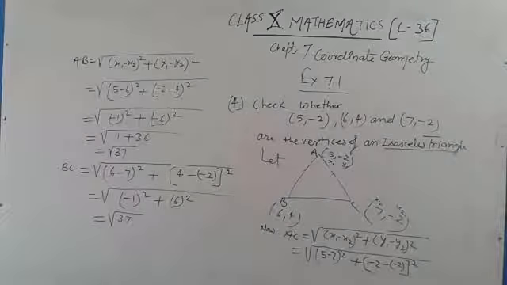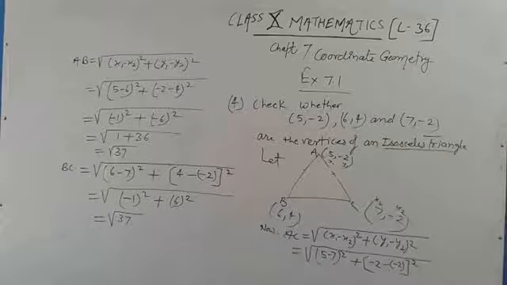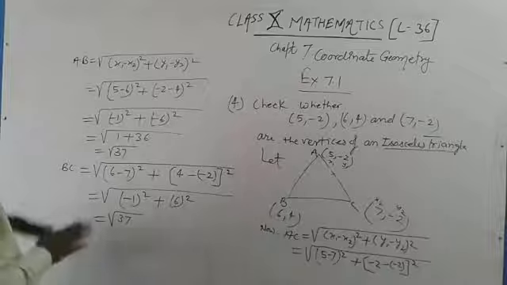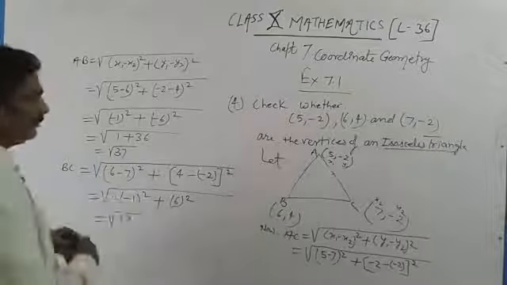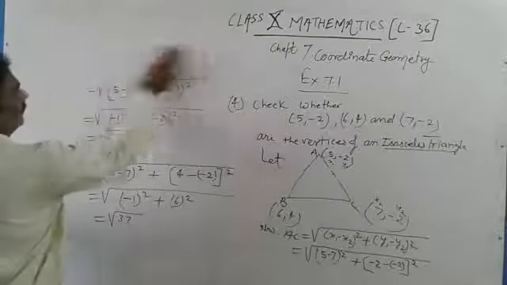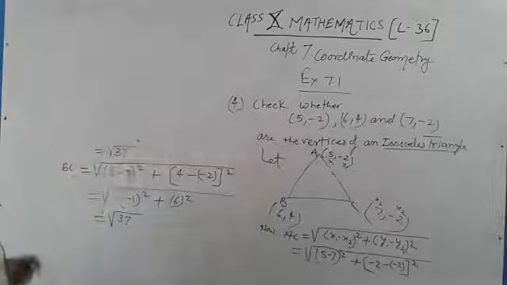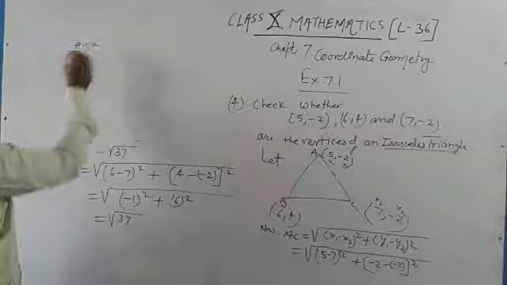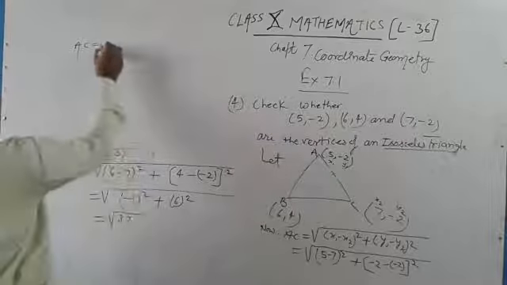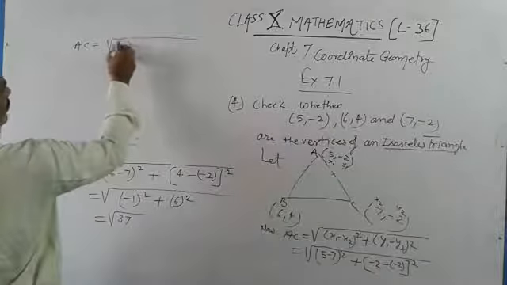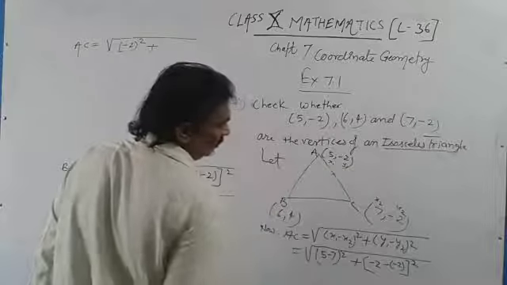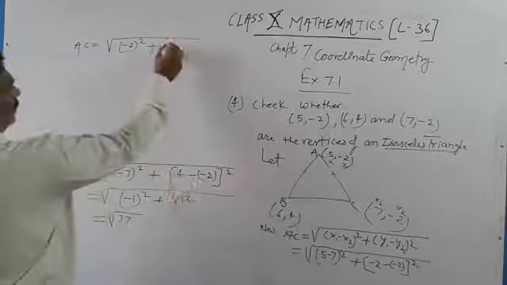Now remember, we have AB as root 37 and BC the same. Certainly two sides are equal, but for the third side, AC is equal to (5 minus 7), that is minus 2, whole square plus (minus 2 plus 2), that is 0 square.